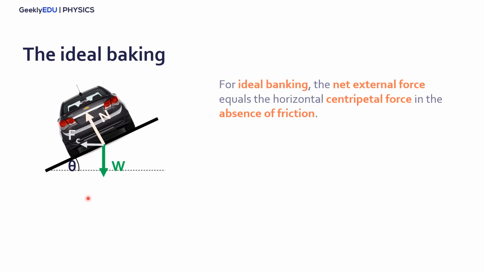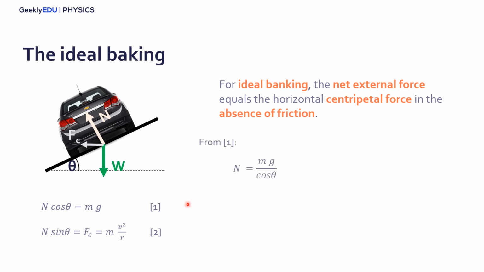So if we do our force balance in the vertical direction, we have that the normal times the cosine of the angle has to equal the weight, mg. And for the horizontal, we want the normal times the sine of the angle to be equal to the centripetal force, or m v squared over r.